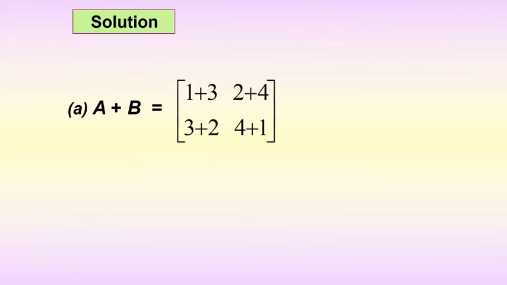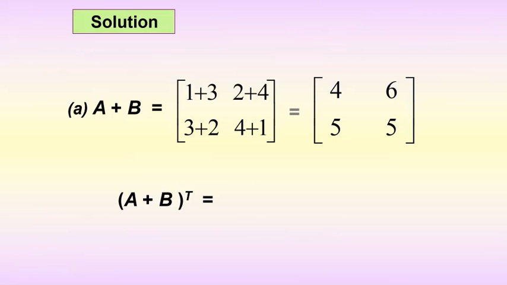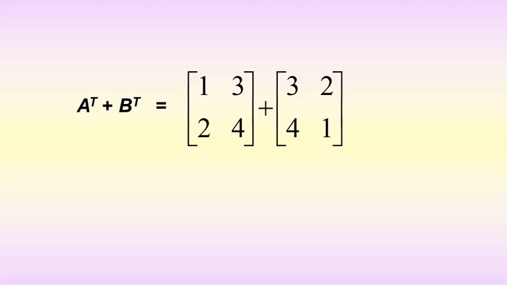This is the summation of A and B. So we get 4 6 5 5. Then transpose this, so we get 4 5 6 5. Then we need to do the same for the right hand side: A transpose plus B transpose, transposition first and then the addition.